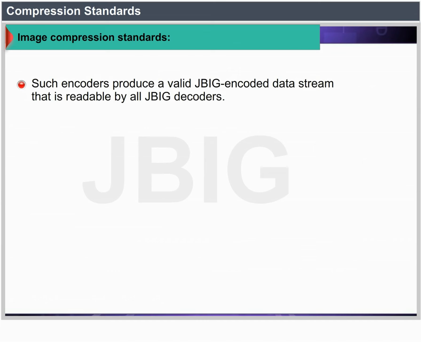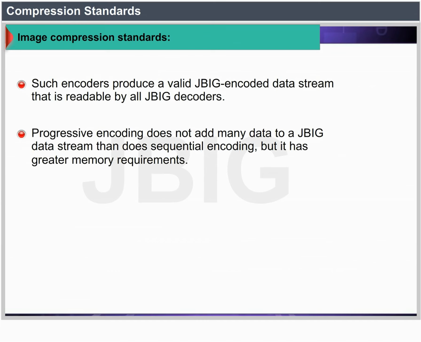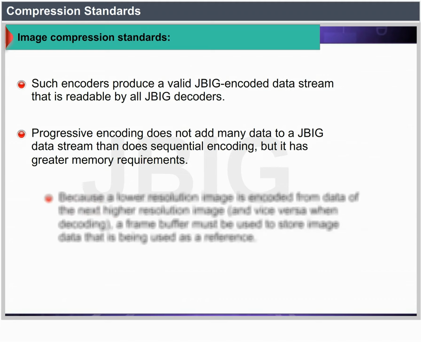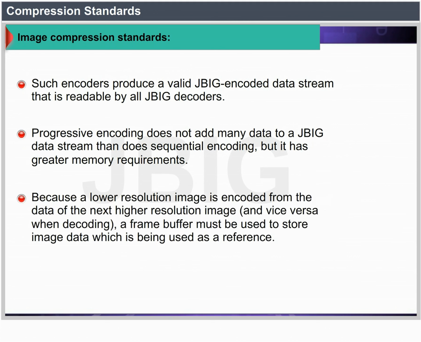Progressive encoding does not add much more data to the JBIG data stream than does sequential encoding, but it does have greater memory requirements. Because a lower resolution image is encoded from data of the next higher resolution image, and vice versa when decoding, a frame buffer must be used to store image data that are being used as a reference.